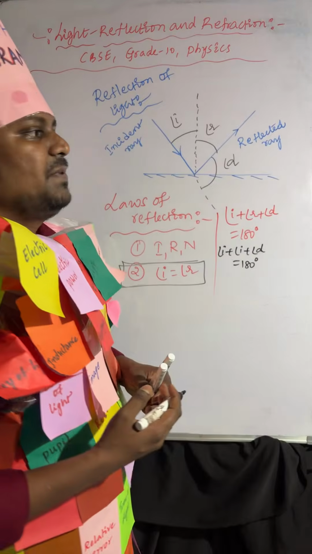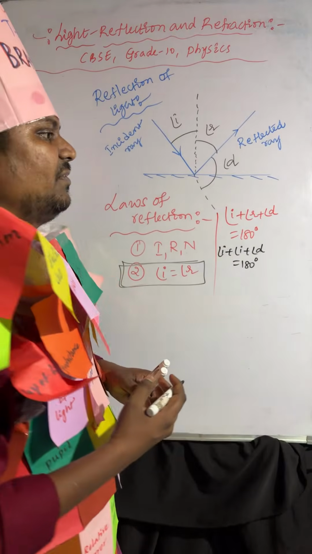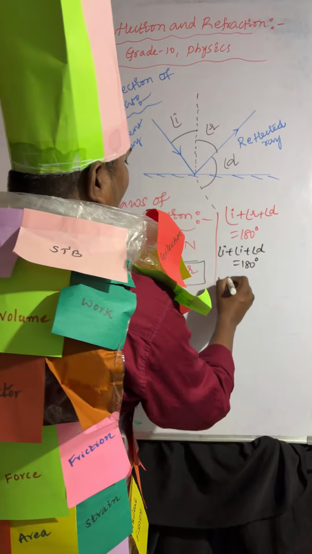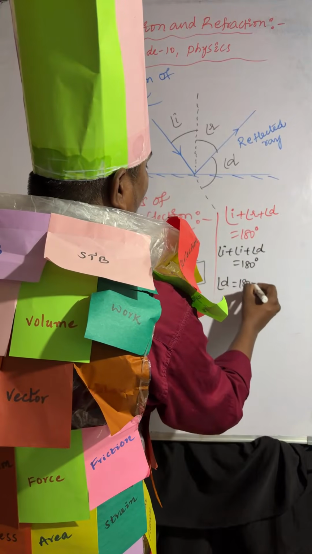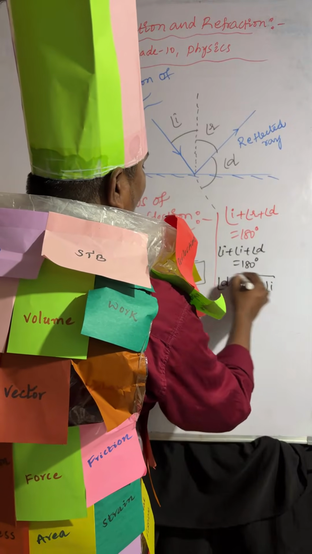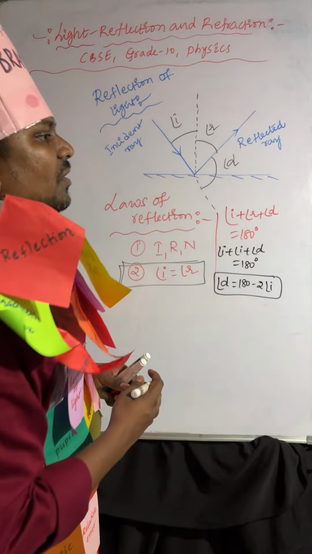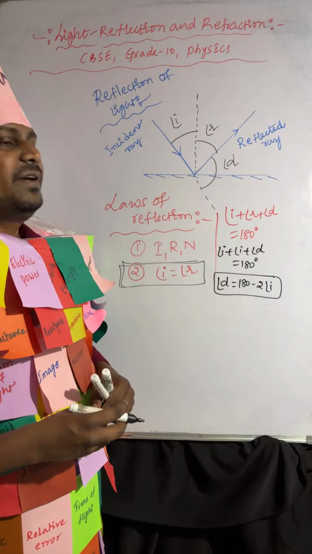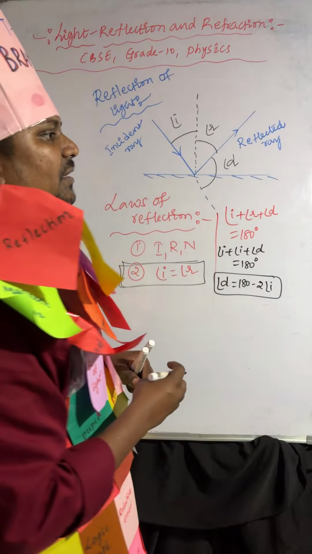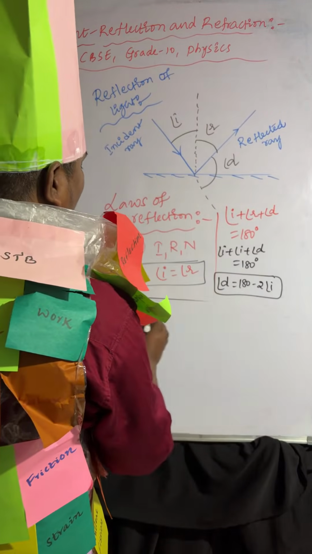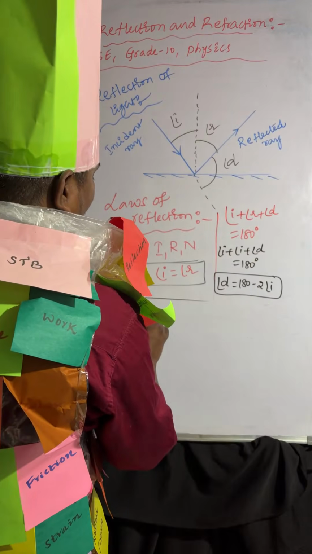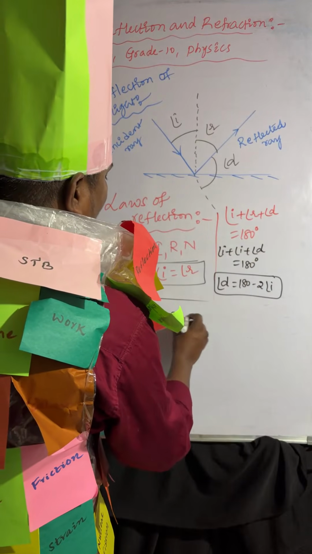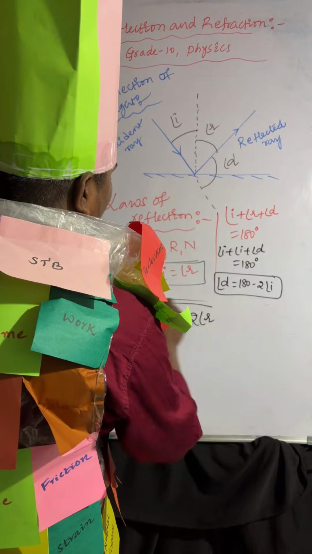So angle of deviation equals 180 minus 2 angle of incidence. I hope it is very clear. Next, we can also write angle of deviation equals 180 minus 2 angle of reflection.